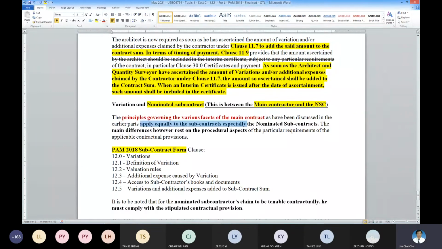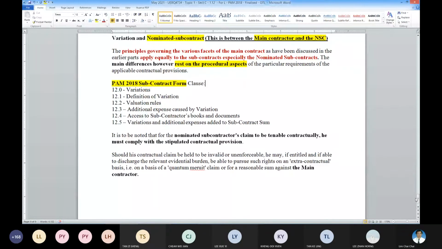So it is only a slight procedural difference. And the clauses applicable under the PAM subcontract are the clauses relevant for the evaluation and processing of the NSC's payment and so on.